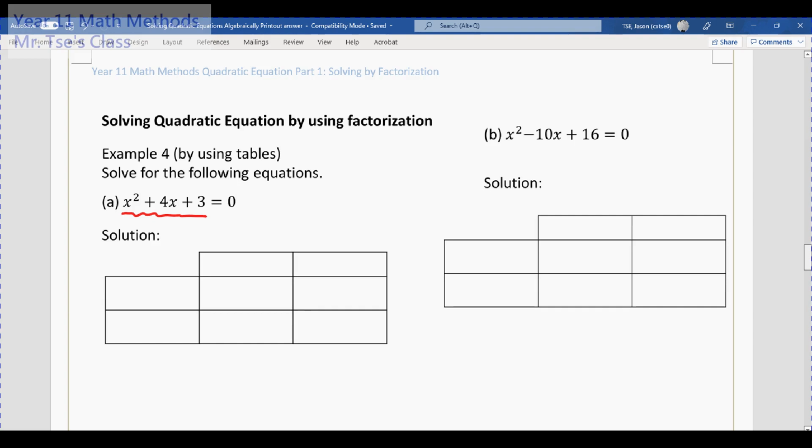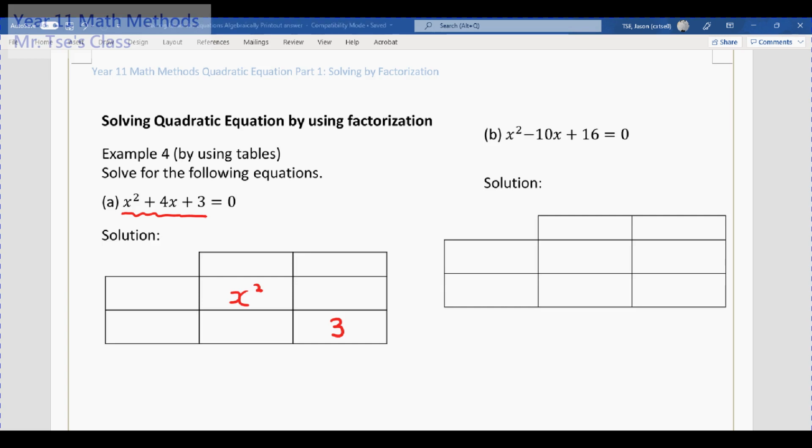So remember which term I should put into the table first. The first term I should put in is x squared, and the second term should be the last term. So you put the first term and the last term into these 2 positions. Then you think about, what would be the first row and first column? What are the 2 terms that, when they multiply together, will give you x squared?